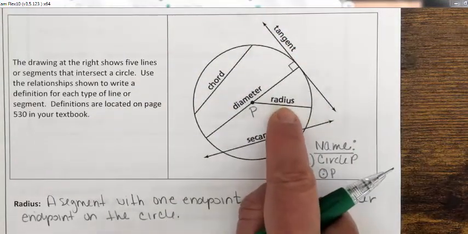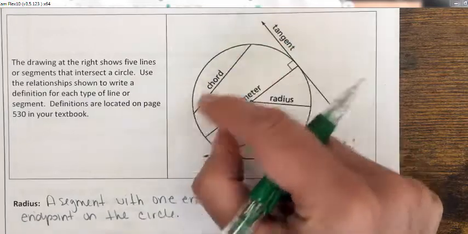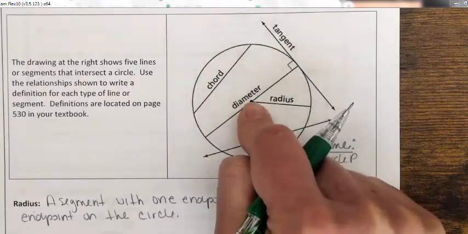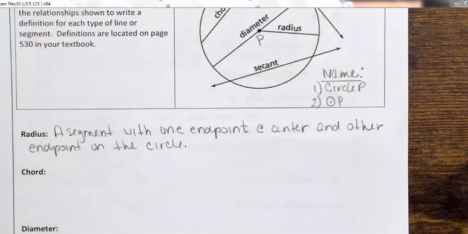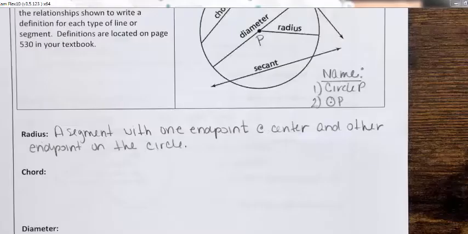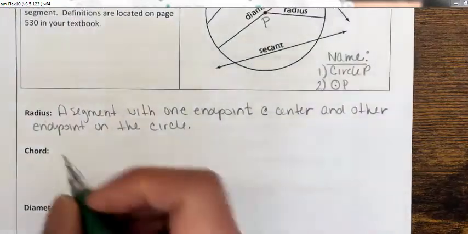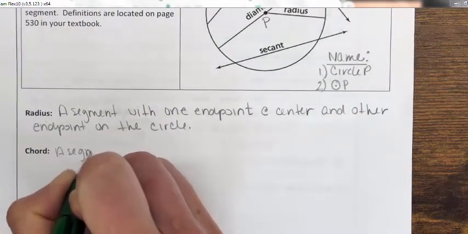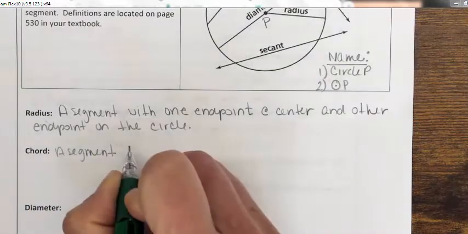They're both segments, but this segment has its endpoints just anywhere on the circle, not necessarily one on the center. Double checking that in our textbook: a chord is a segment whose endpoints are on the circle. Perfect. So we'll just write a segment with endpoints on the circle.